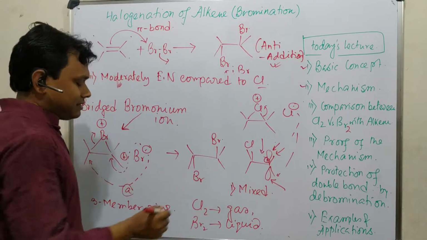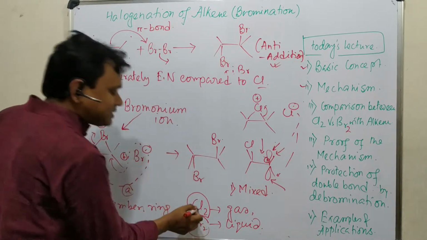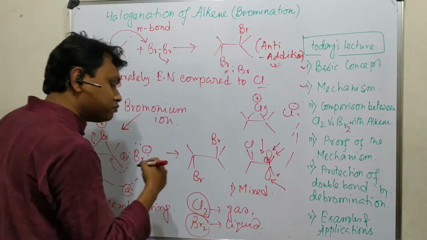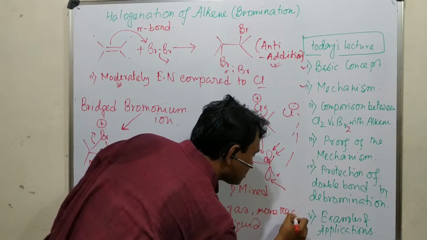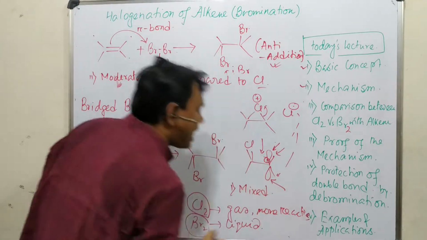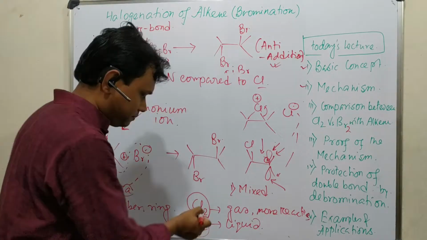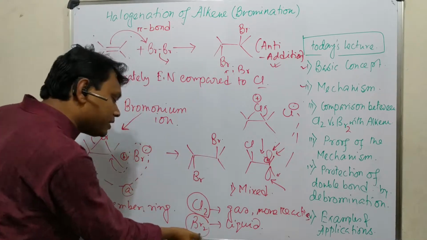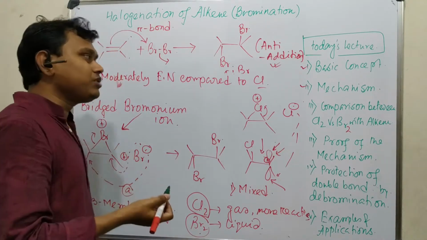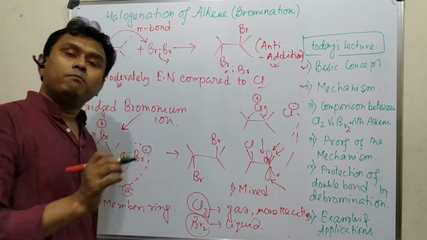And since chlorine is a gas, and more electronegative, more reactive, it is difficult to handle. And it is relatively less functional group tolerant, meaning it affects other functional groups more compared to bromine. So that's why when we have a choice between bromination and chlorination, we will prefer bromination.